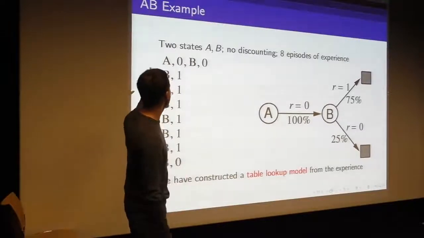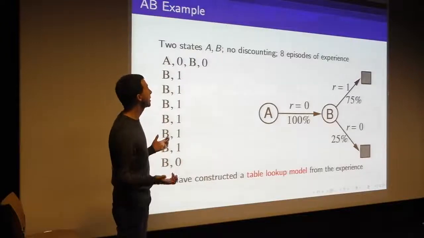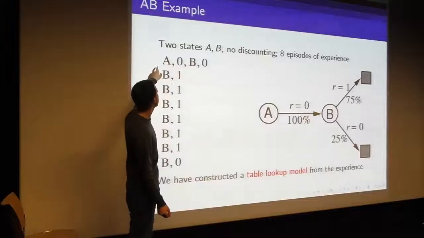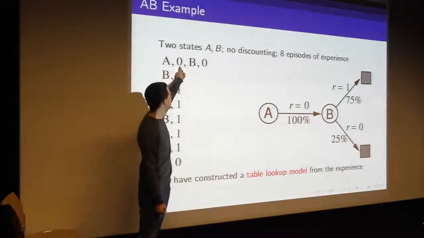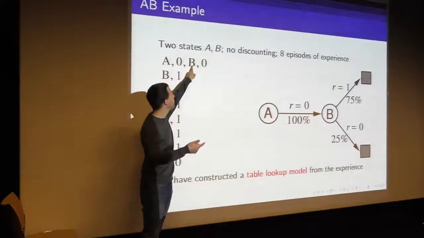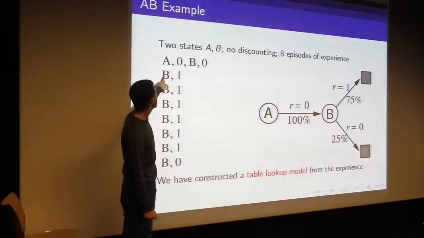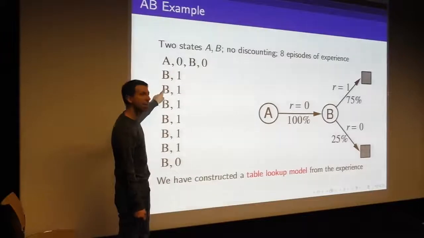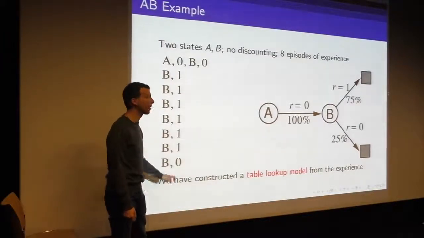Just to remind you of this problem, we've got two states with no discounting, and we see these episodes of experience from state A and state B. On the first episode, I started in state A, got reward 0, then went to state B, got reward of 0, and then the episode terminated. Second episode, I started in state B, saw a reward of 1. Next episode, started in B, reward 1, until finally started in B, got reward 0.